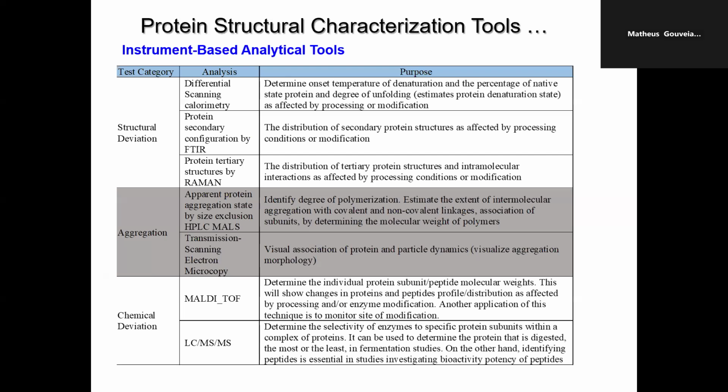We talked about protein secondary structure, which can be determined by FTIR, but also circular dichroism. Protein tertiary structure, by Raman, we talked about that, and also NMR. You can do NMR to determine protein structure.